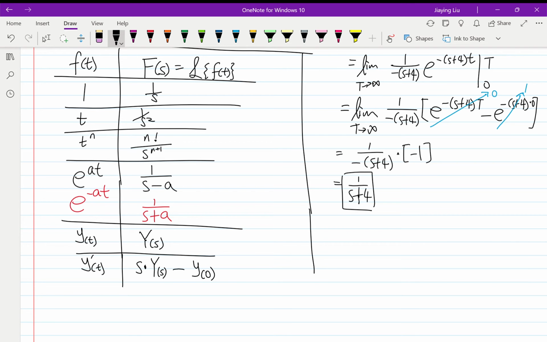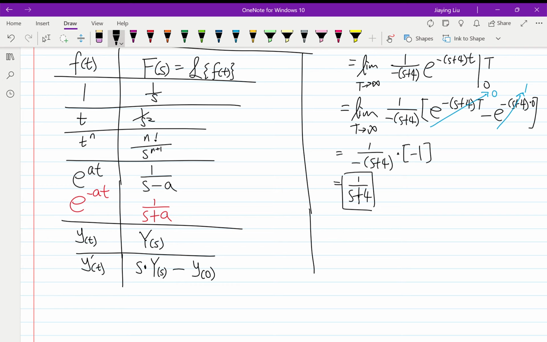If you have the derivative of y of t, then the Laplace transform is going to be s times the Laplace transform of y, so capital Y of s. This s just means the input is s. This s is a variable s. Minus y of 0 means in the original y of t function, we plug in 0 to figure out what that value is.